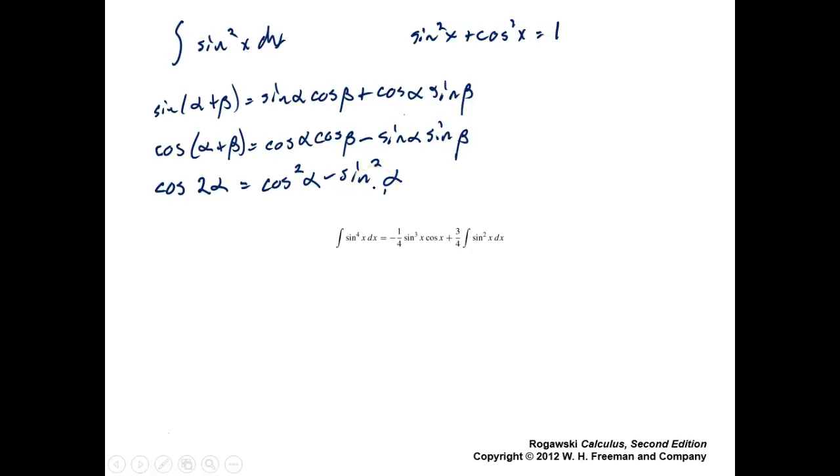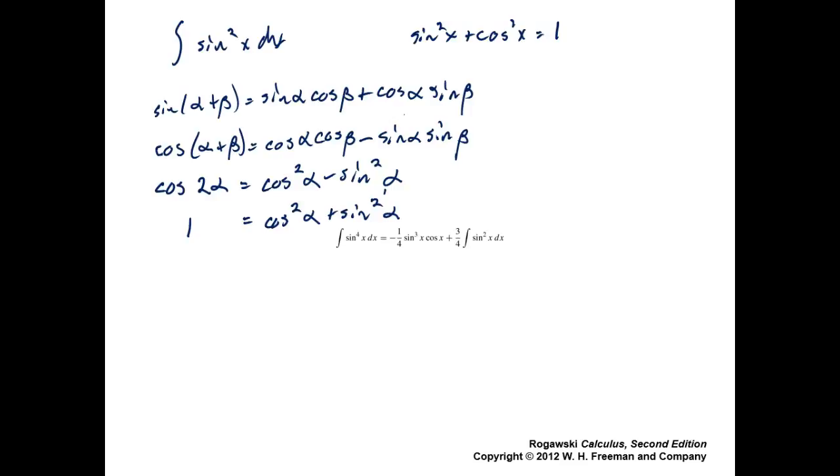Now I'm going to rewrite the identity up there at the top, the real famous one, sine squared plus cosine squared equals 1. I'm rewriting it this way: 1 is equal to cosine squared alpha plus sine squared alpha.